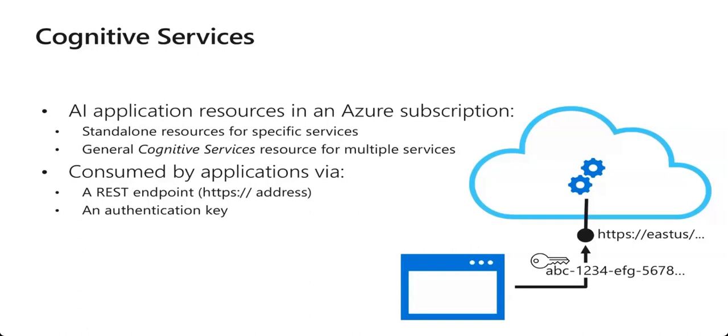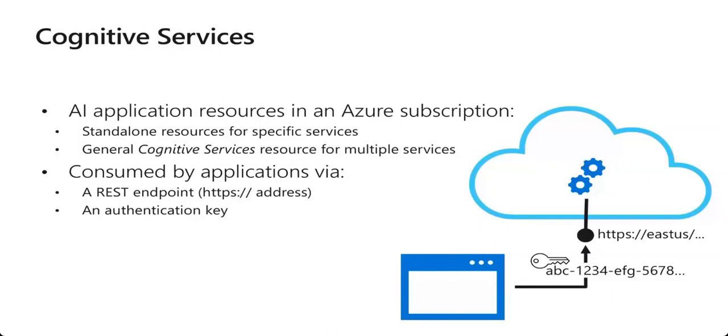So you need an Azure subscription and you need to provision a resource. It can be a standalone service-specific resource, for instance, computer vision, or you can use the general cognitive services resource that encapsulates multiple services.